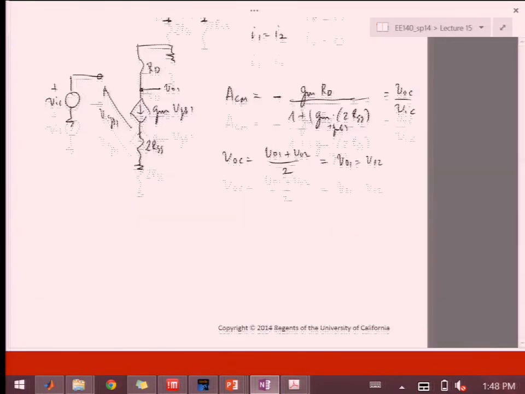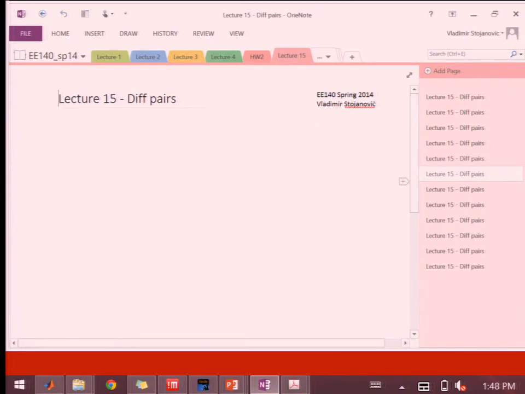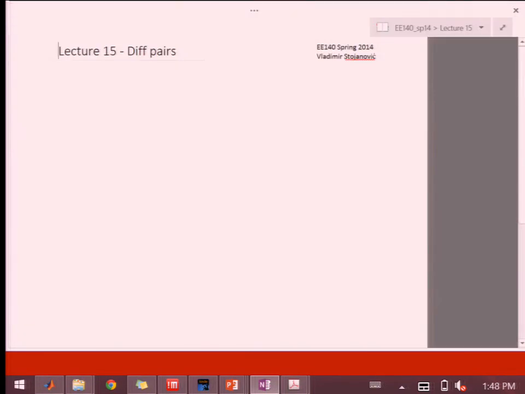Okay, so hopefully we won't do this exercise again, because this is just to prove to you how these circuits can be split.